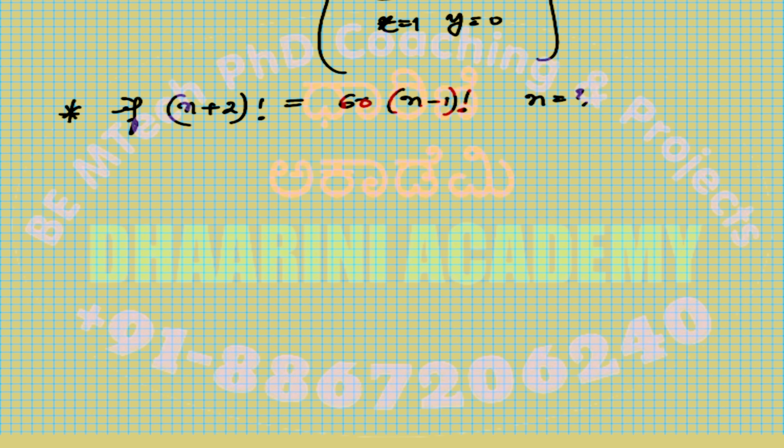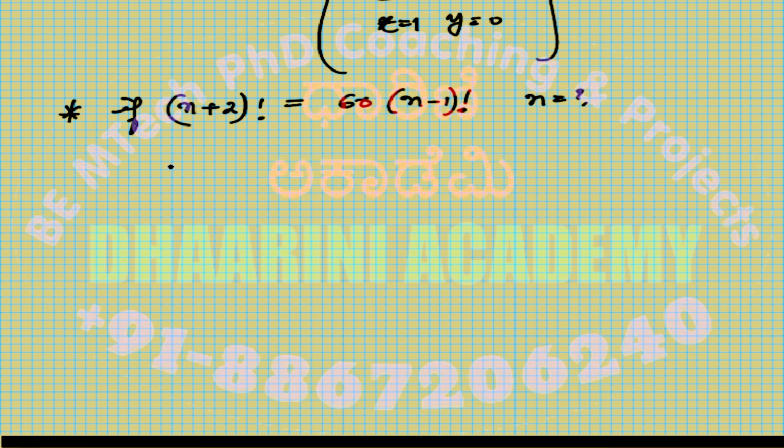So we'll substitute and simplify it. The given equation can be simplified as n plus 2 factorial divided by n minus 1 factorial, I'll bring it to the denominator, is equal to 60.